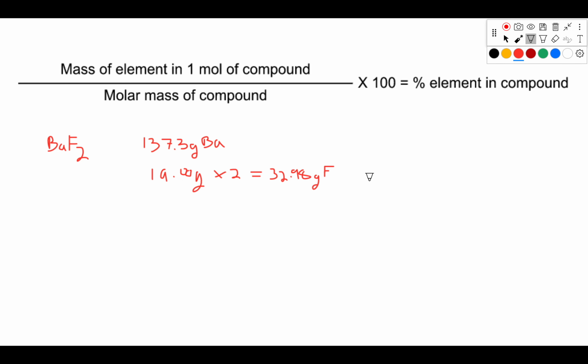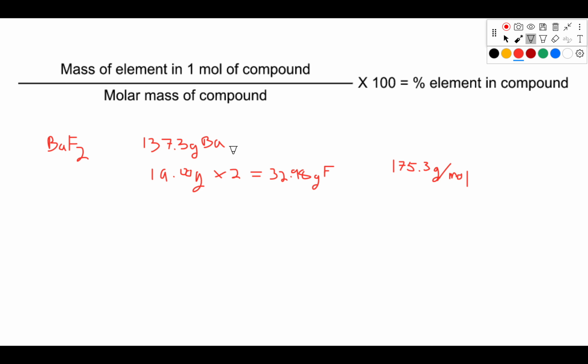So our total molar mass, when we add those two up, comes out to 175.3 grams per mole for our barium fluoride compound. So now if we're going to use this formula from up above, we're going to take the mass of the element in 1 mole of the compound.